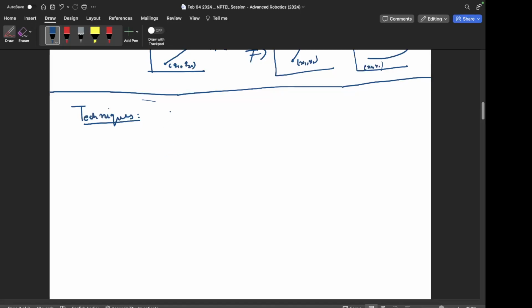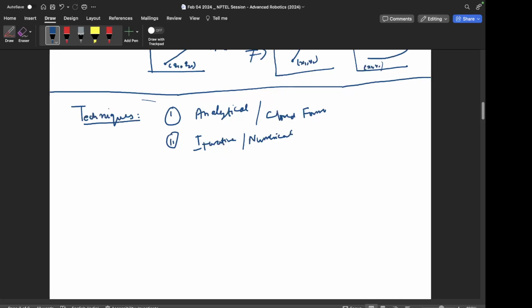So inverse kinematics for any system can either be solved analytically, in a closed form manner, or the second could be an iterative or numerical approach, right?